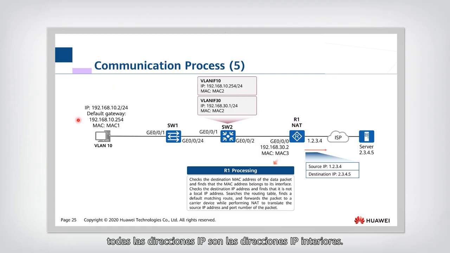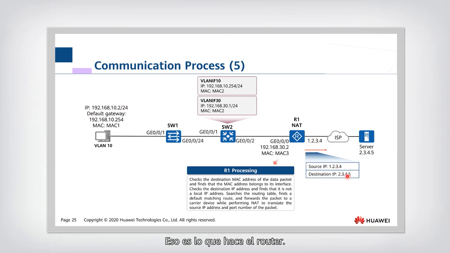this NAT, all the IP addresses are interior IP addresses, the IP addresses in the intranet. But when the packet goes out, the IP address should be translated into the public address. So you can see that the source IP has already been changed from the internal IP to the public IP, and the destination IP is still this one.